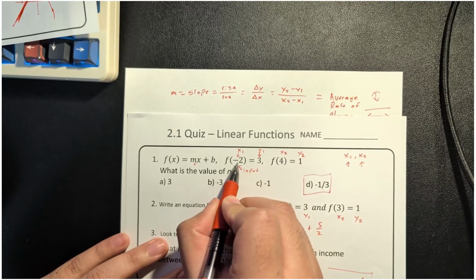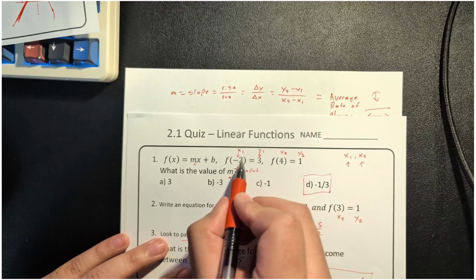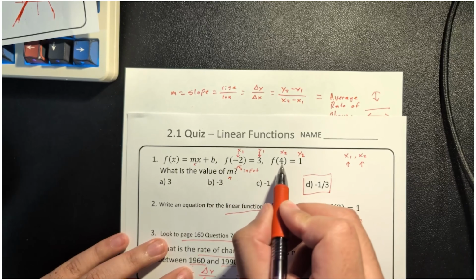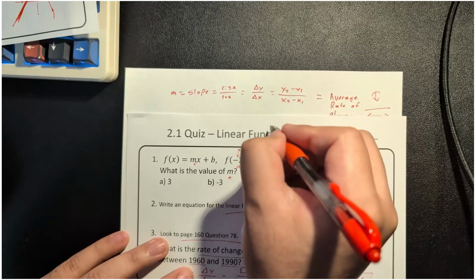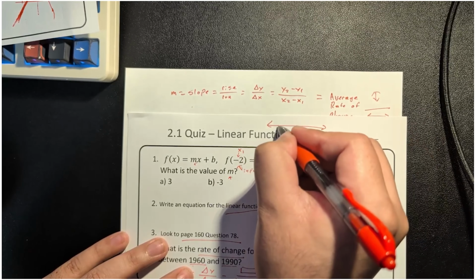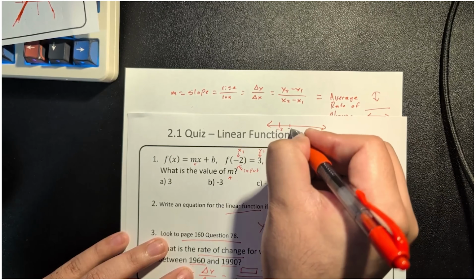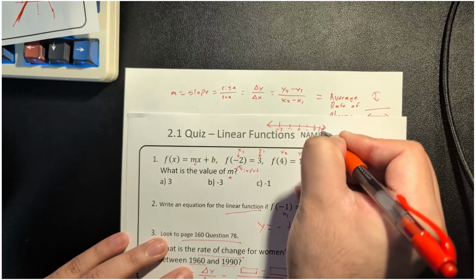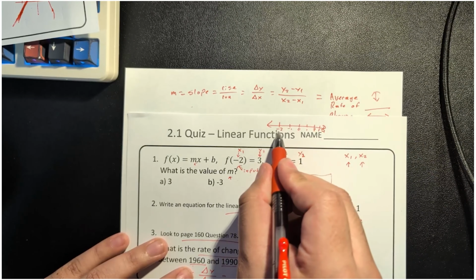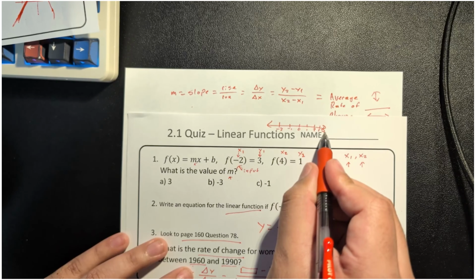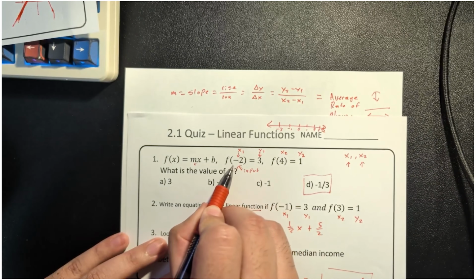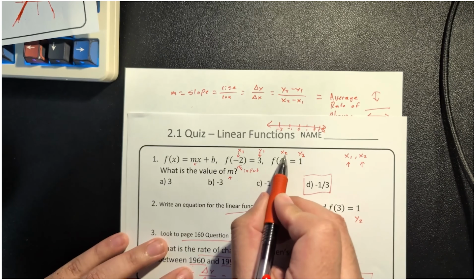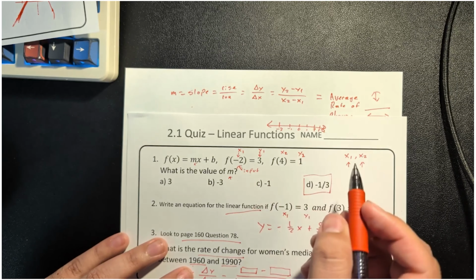x1, which is -2, will always come before 4, right? On the number line, we're going to have -2, -1, 0, 1, 2, 3, and then 4. We have -2, and then we have 4. So we know we're going to label x1 as -2 and x2 as 4.